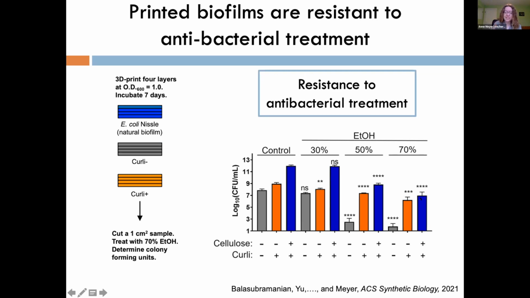And in orange, our engineered bacteria that makes the curly fibers, that also survives really well, almost as well as the blue native biofilm species. So I was really excited that we saw two different major biofilm phenotypes, including good resistance to different antibacterial treatments, in this engineered 3D printed system.